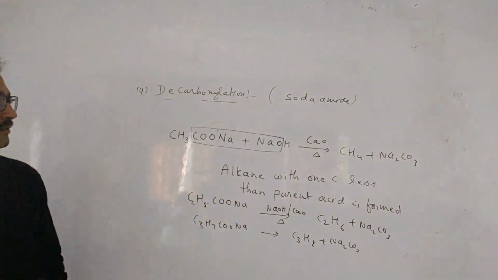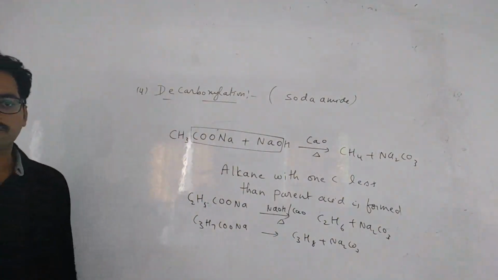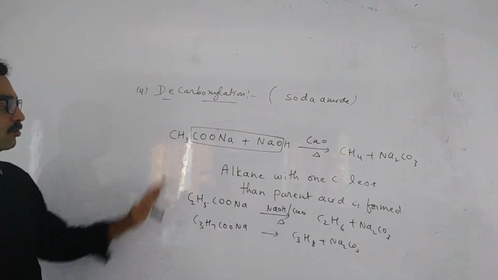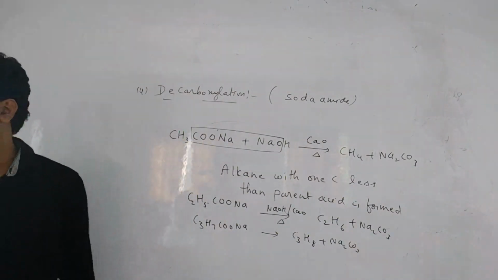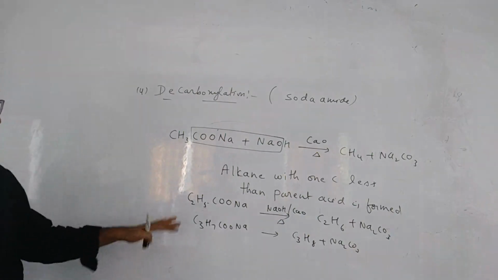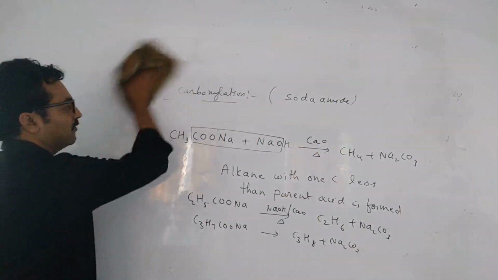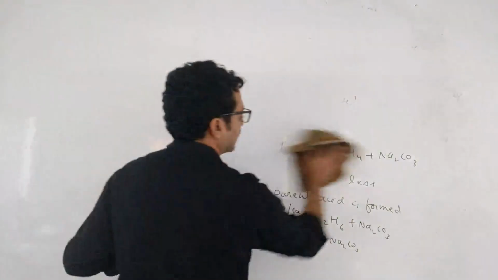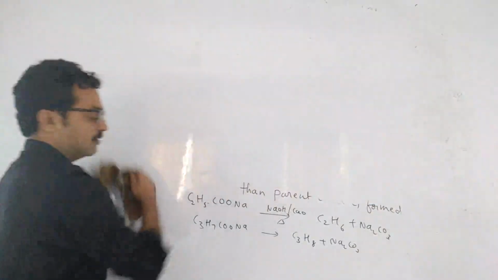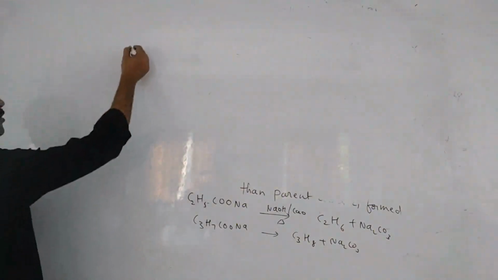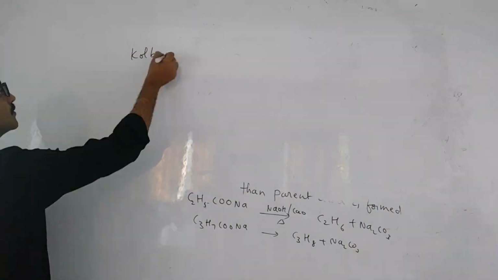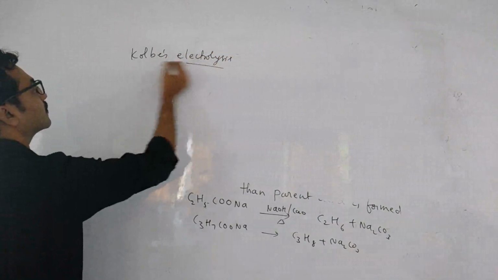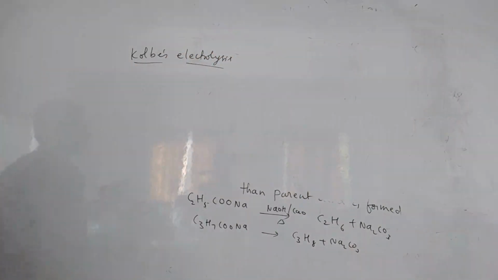Next, if I take 2 moles of sodium acetate and do electrolysis, then also we can get alkanes, but a small difference is there. So the next method is Kolbe's electrolysis.